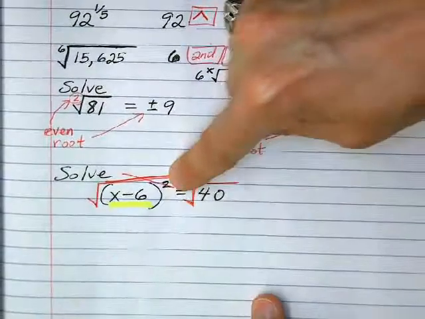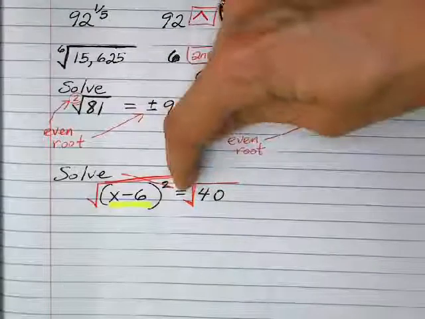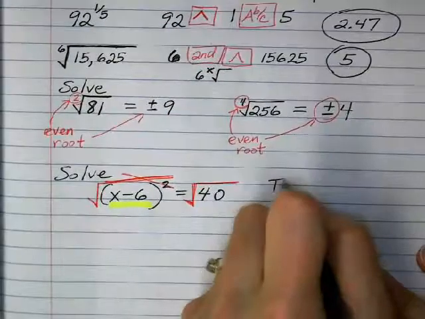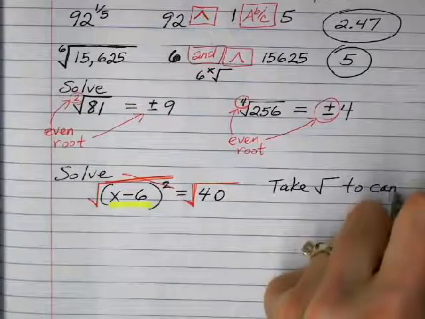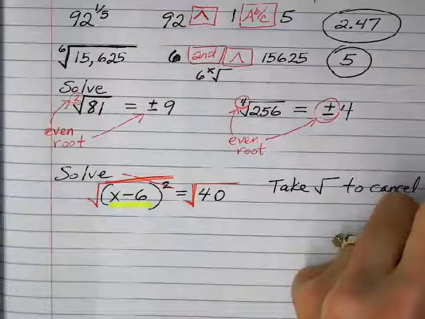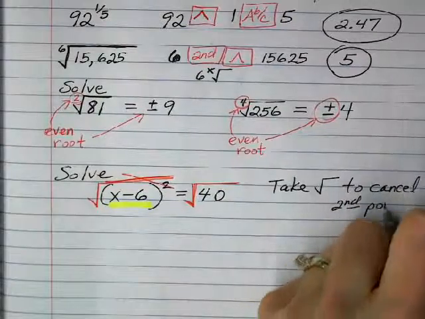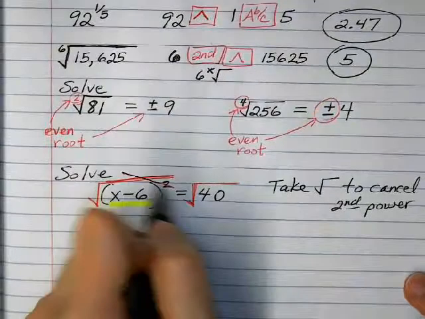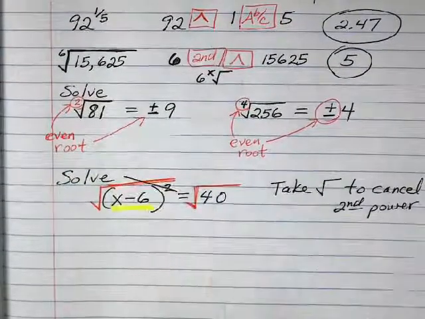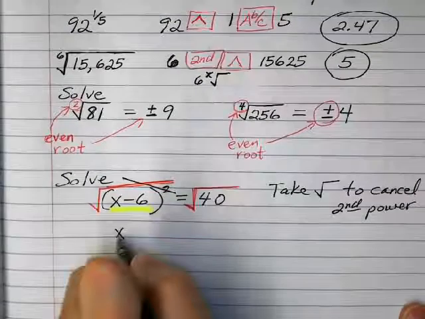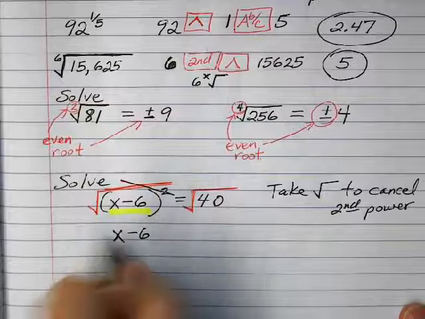Like I was saying, square root is the opposite of squaring something. So that's the rule. You take the square root, the root cancels the power. So then you have x minus 6. Okay, what's the square root of 40?